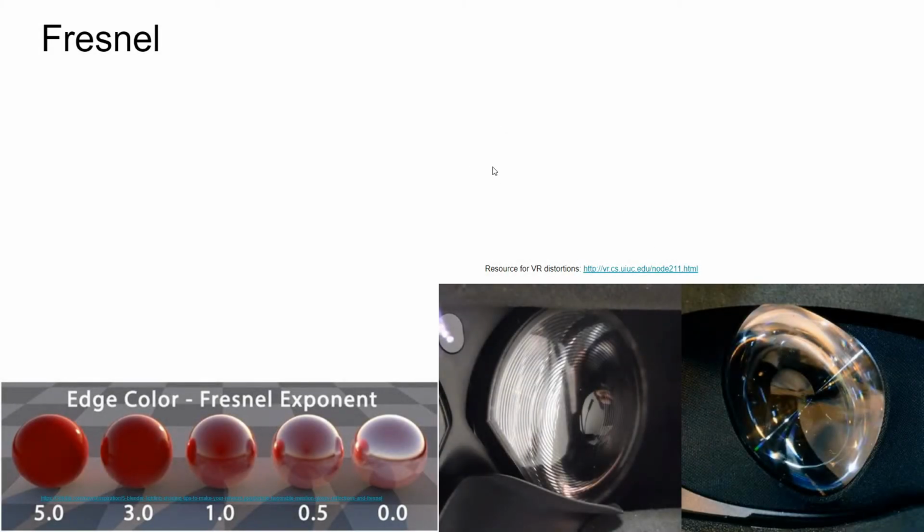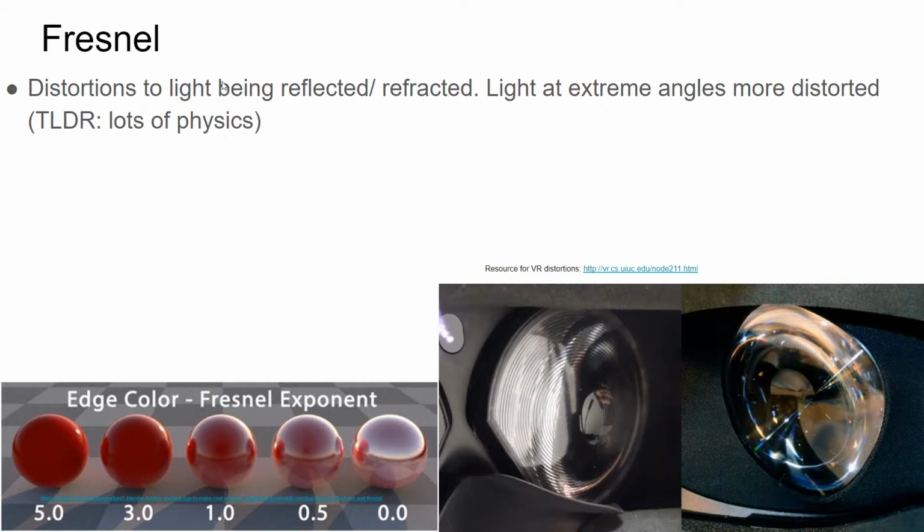In AR and VR, especially in AR because we're trying to guide light rays, the Fresnel effect is really important to think about. It's this effect that you see here, where the light that's being reflected from a very extreme angle will have much stronger distortions. So for example, let's say the light source is this little white sphere here.